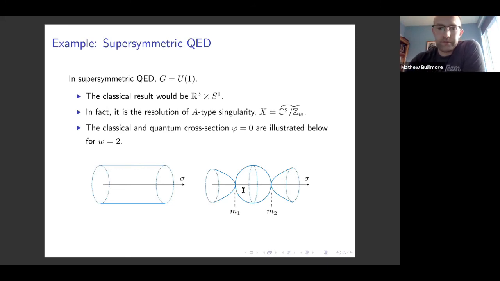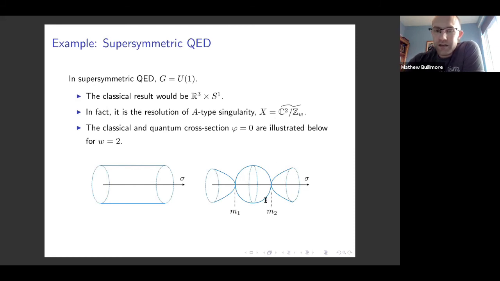And so what you get in this case is a picture of the cotangent bundle of CP1, which is a resolution of this A-type singularity, C2 mod Z2.